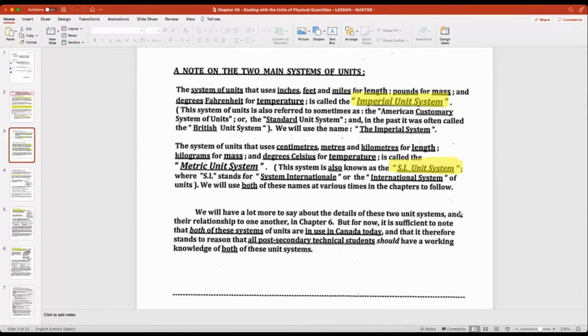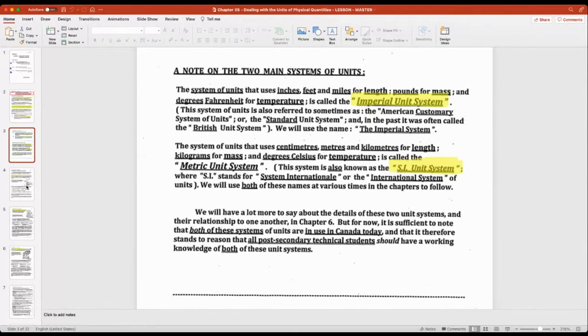For example, the Celsius scale is connected to water temperature. So 0 Celsius and 100 Celsius give us a reference point with respect to water in terms of its boiling and melting points.